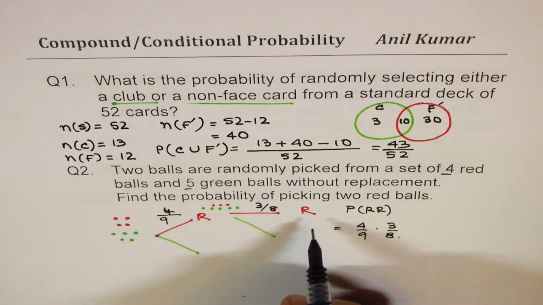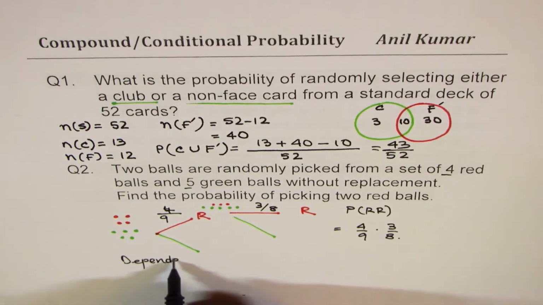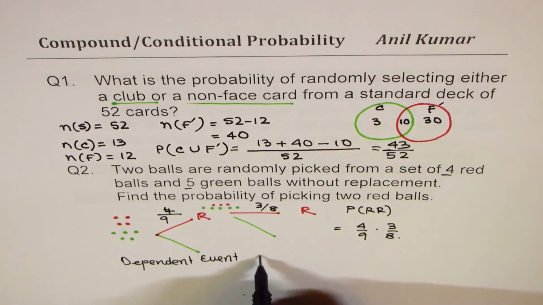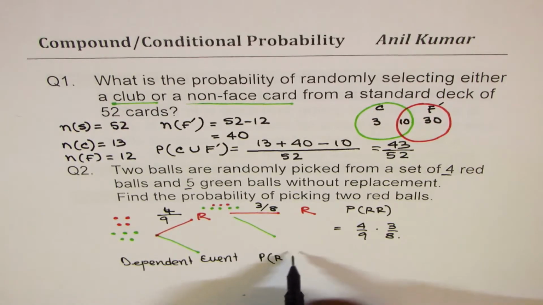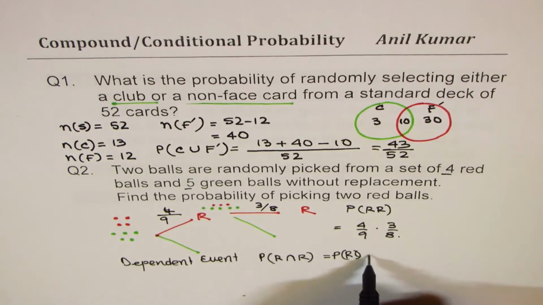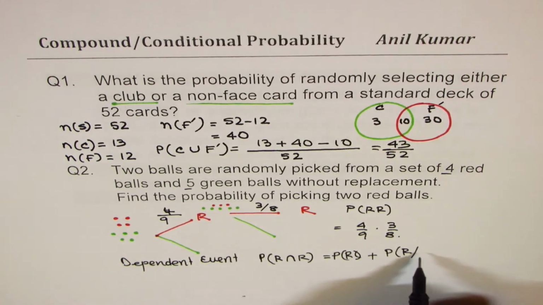So this is basically, as you can see, a dependent event. The probability of both red balls, that means R and R, that is the intersection, is basically equal to the probability of first red times the probability of second red when the first one has happened.